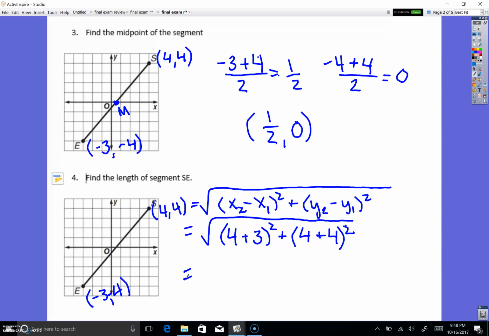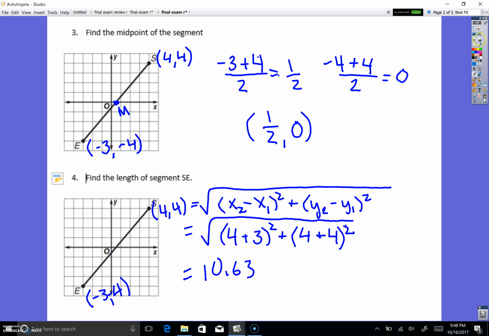Which, doing it now, he gets 10.63. Okay.